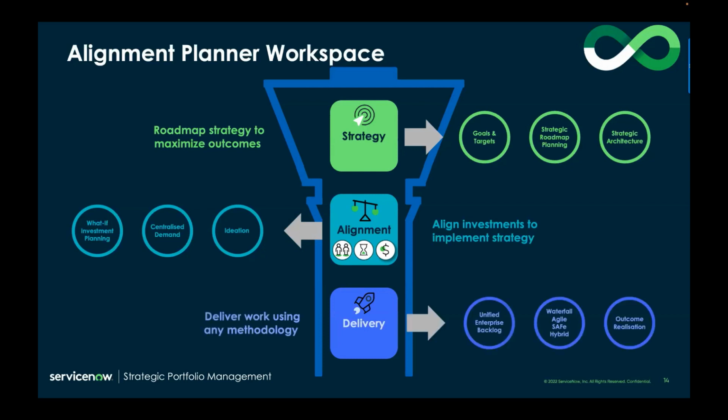And the third is deliver. No matter what tool you use for delivering your work at the execution layer, whether it's agile or SAFe or waterfall or a combination thereof, we've got you covered. So APW provides this visibility across the strategic planning, execution of work, your business priorities, your portfolio roadmaps, and it connects the enterprise and business unit goals.